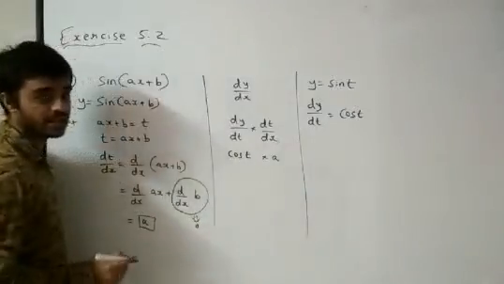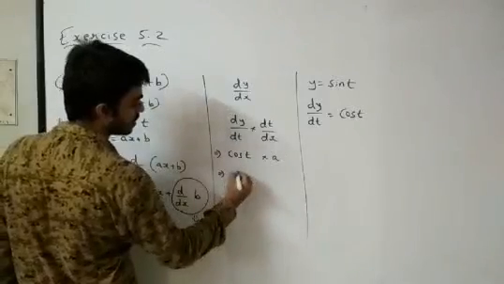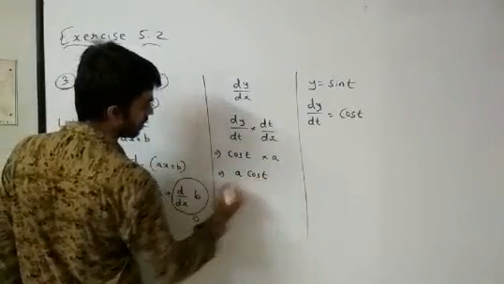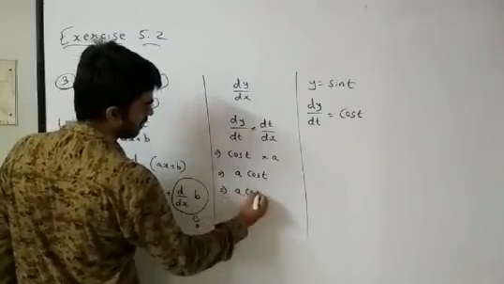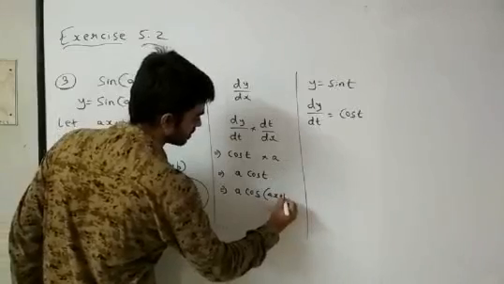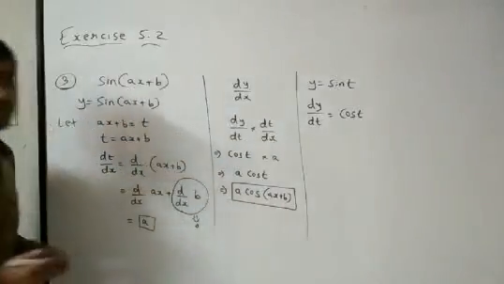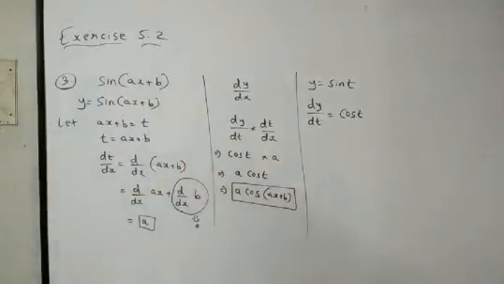Now we cannot write the answer in t form, so I write first a cos t. But t is ax plus b. So a cos of ax plus b will be our required answer.